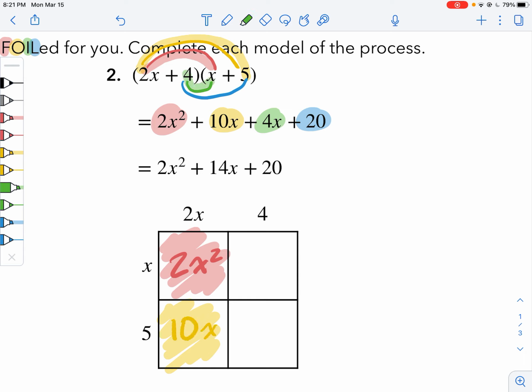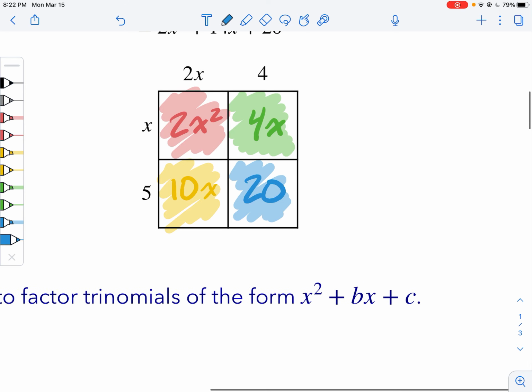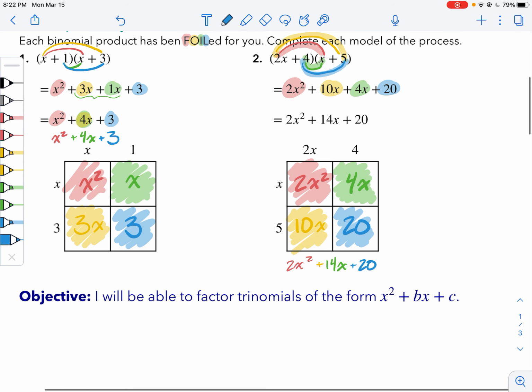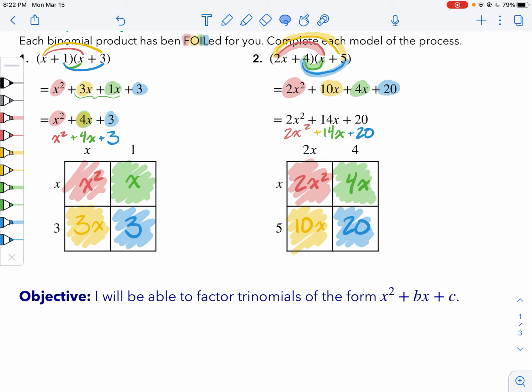Our inside step gave us 4 times x, which is 4x. And our last step gave us 4 times 5, which is 20. So when we add those all up, we have 2x squared plus 4x plus 10x gives us 14x, plus 20. Oh, hey, look, that's the same answer.